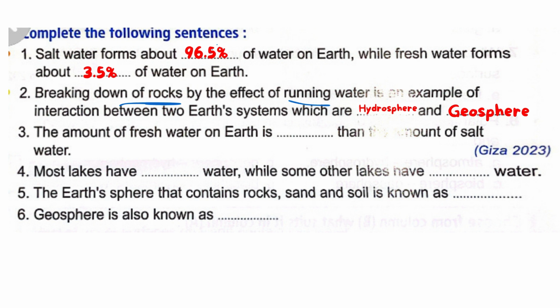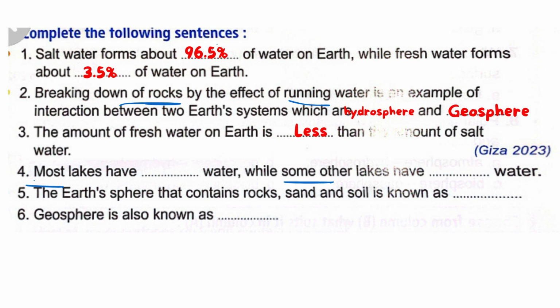So the fresh water is less than the amount of salt water. Yes. Okay, so the answer here, the amount of fresh water on Earth is less than the amount of salt water. This is an easy question, okay, and it came last year in the exam. Okay, so focus on these types of questions.